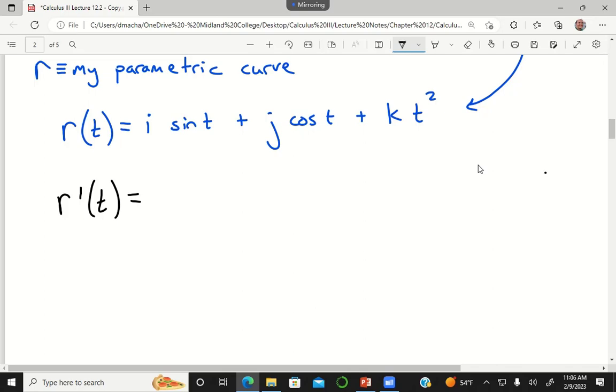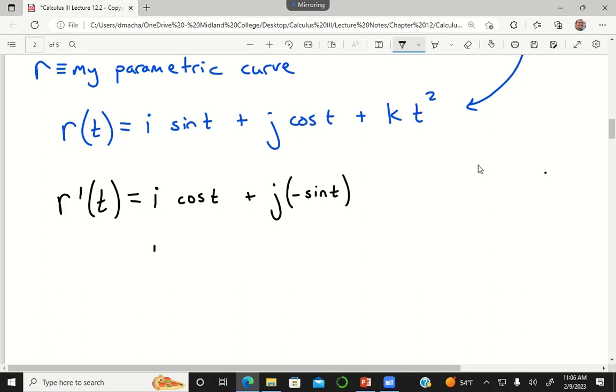So I would write i cosine of t plus j minus, times negative sine of t.